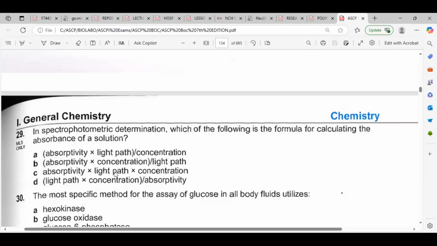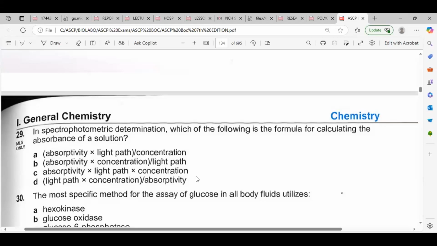Of course, it also depends on the thickness of the cuvette and everything. And then we look at concentration of the sample, because a sample can be concentrated but have low absorptivity, depending on the analyte we are trying to measure. So it means everything is times. Remember, absorbance calculation, everything is multiplication, there's no division. It is absorptivity, light path, and concentration, times.